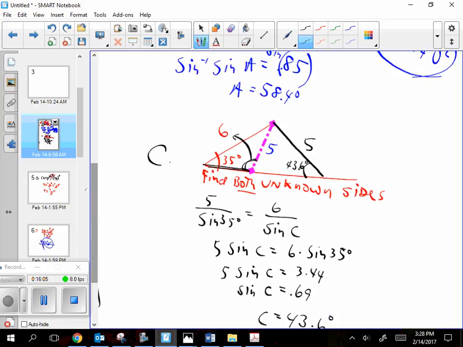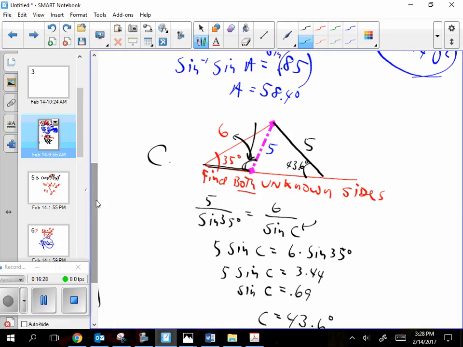Now, if that makes sense to you, there's got to be some other angle that's over here that would also have the same answer for sine, as in sine of 43.6 right here. If that's sine of 43.6, there must be sine of something else that would give you the same exact thing. And what is that?